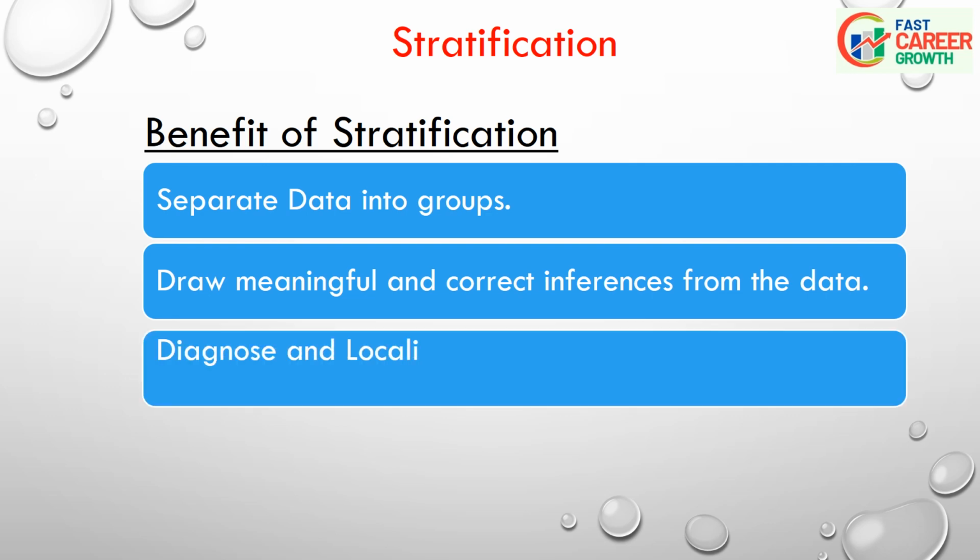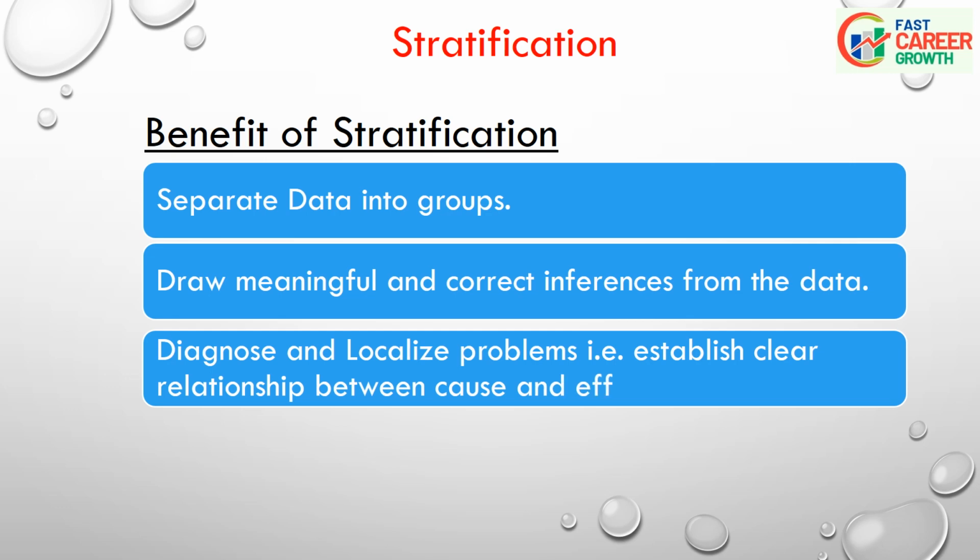Diagnose and localize problems, cause and effect. One of the primary goals of data analysis is to diagnose and localize problems. By breaking down the data into groups, you can establish a clear relationship between a potential cause and its effect. This is particularly valuable in quality control and process improvement.